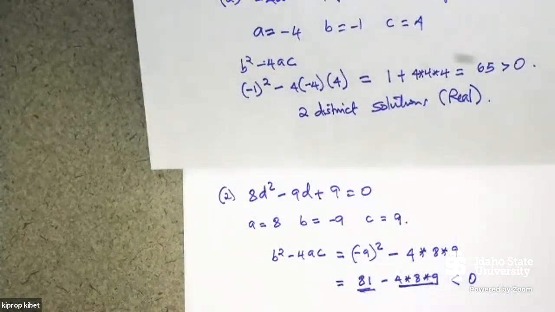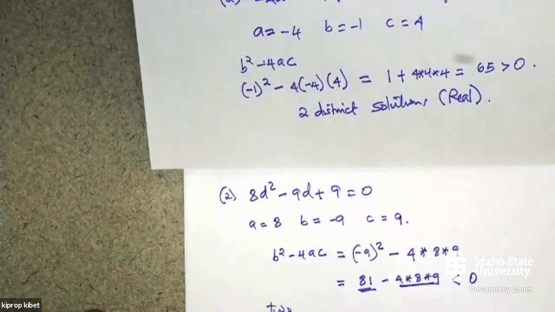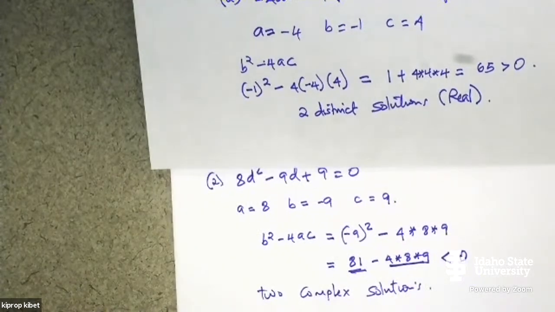If it is less than 0, then that means we have 2 complex solutions.